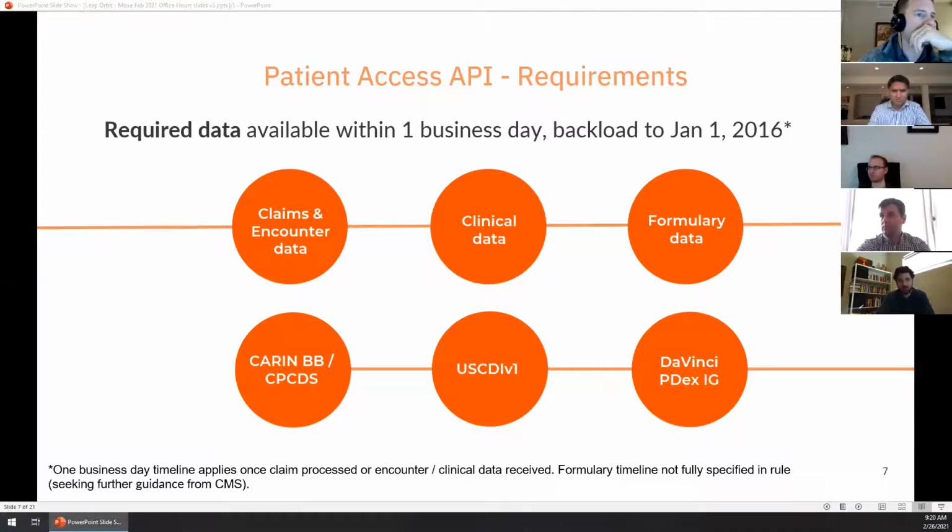So I would say the early observation is that the Cures compliance falls into the get-compliant bucket, which is not super focused on strategic value to the organization, frankly. It's like, make sure you have an API. And then the next step is, how are we going to get business value out of it?